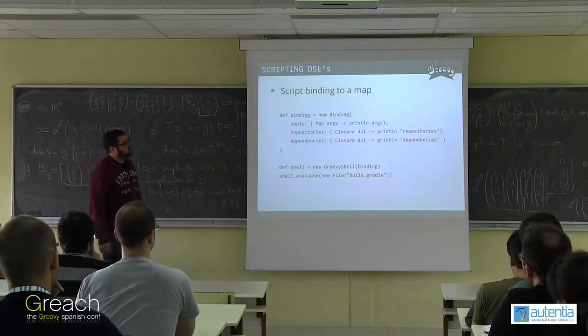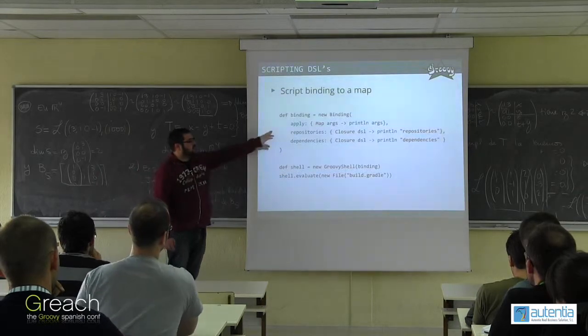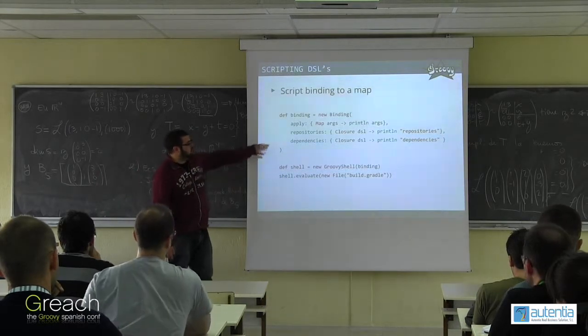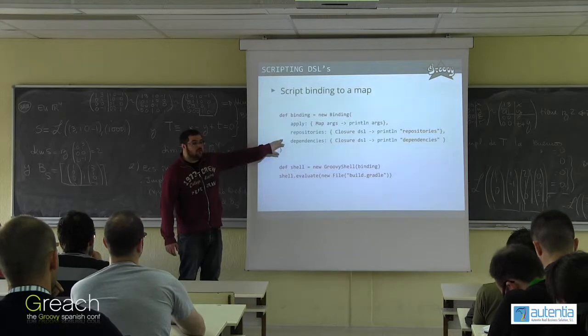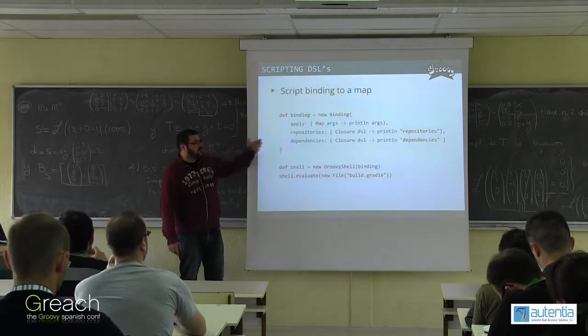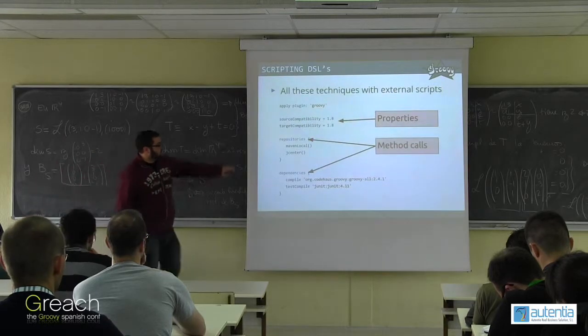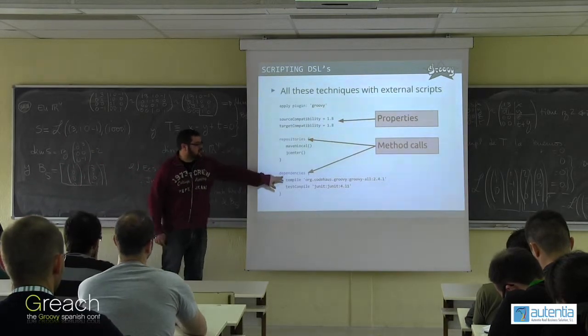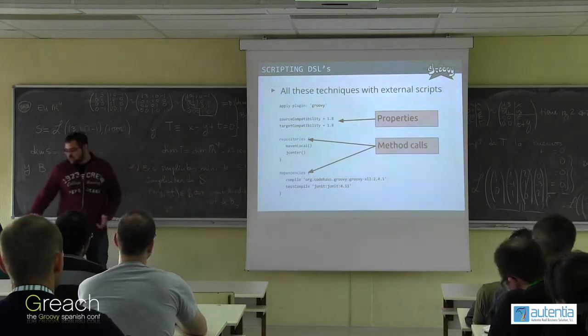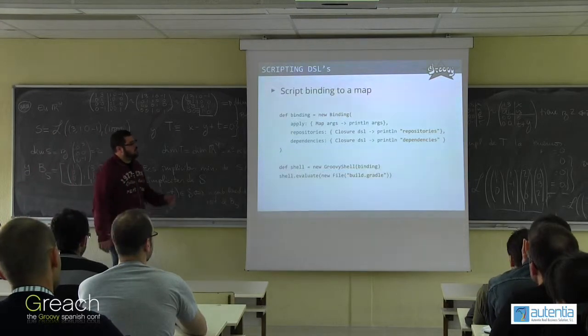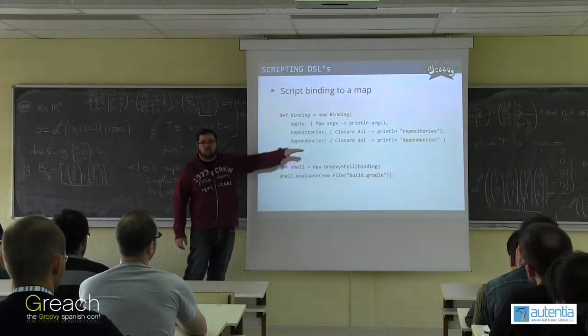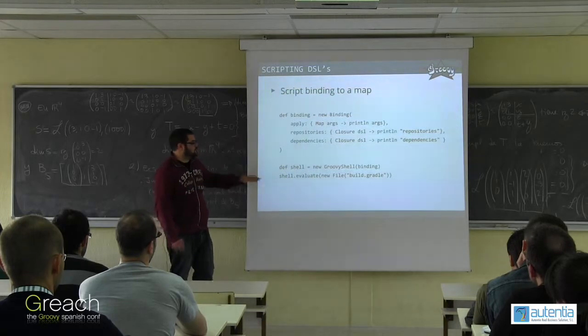Well, there is. You can declare a binding. A binding is just a map whose keys are the methods, these kinds of calls, like repositories. This is the key of our binding. And the values are closures that do whatever they want to do.